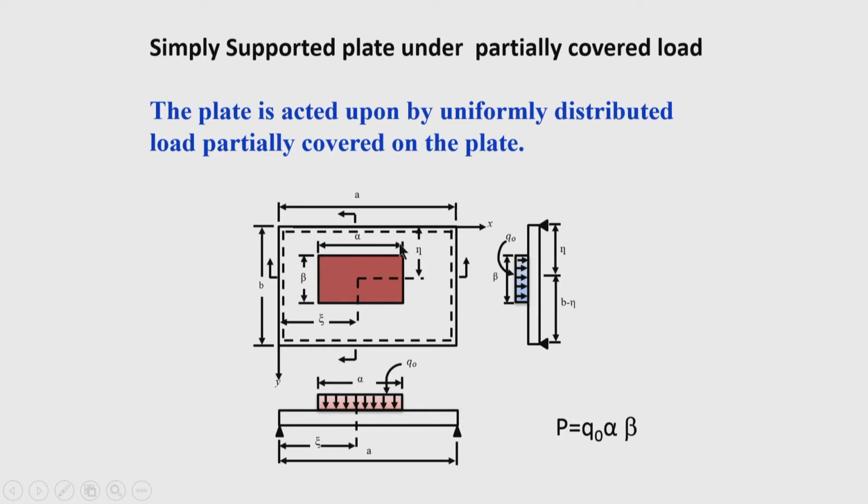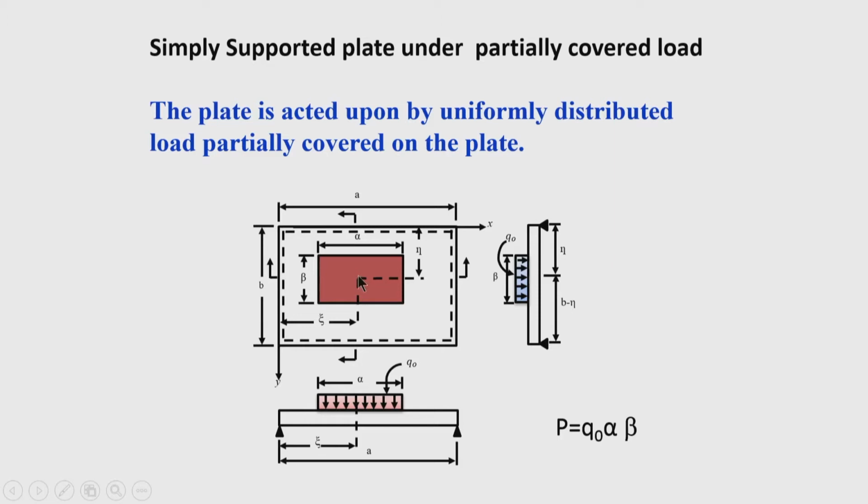So, alpha is the length of the load and beta is the width of the load. So, alpha is parallel to the longer direction of the plate and beta is parallel to the shorter direction of the plate.